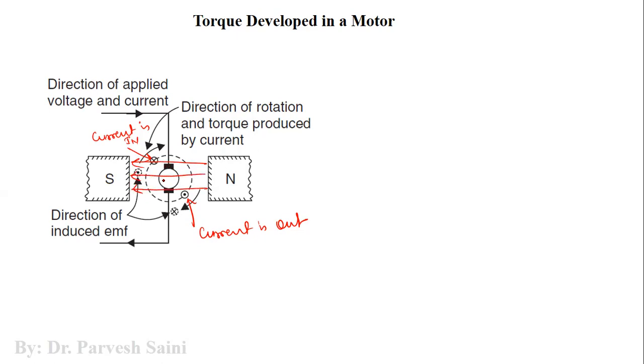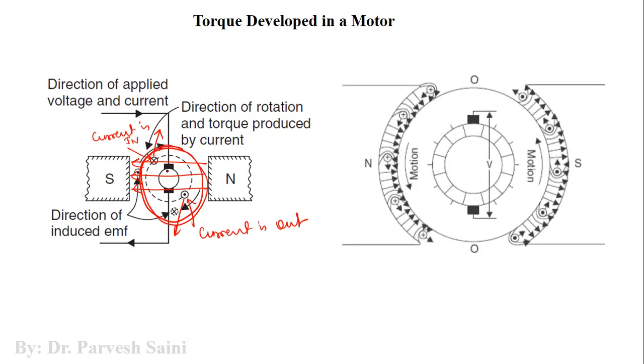If you apply Fleming's left hand rule here, the direction of force on this particular conductor will be upward, and on this particular conductor will be downward. And hence it will get a particular direction.